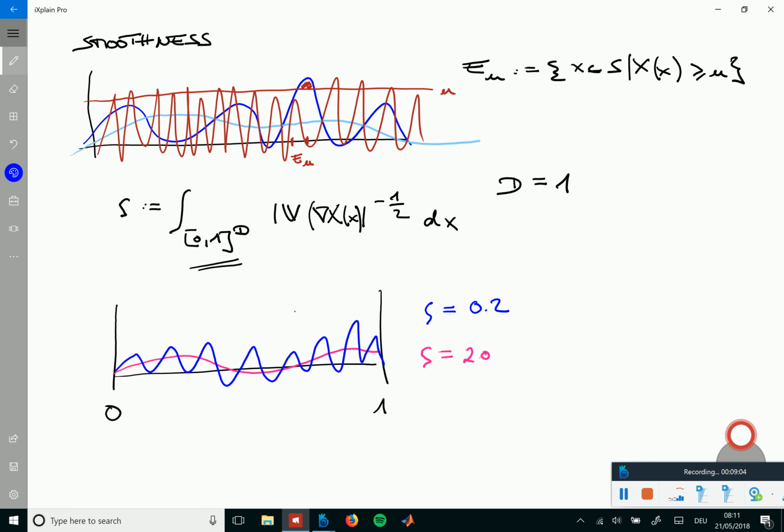And of course, these two lines here, the blue line and the pink line, are realizations from this random field, but you can imagine taking more and more realizations and then looking at the smoothness of every one. This measure of smoothness, because it involves the variance, captures the stochastic properties of the random field.